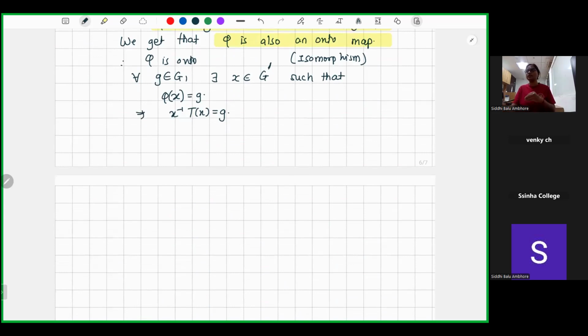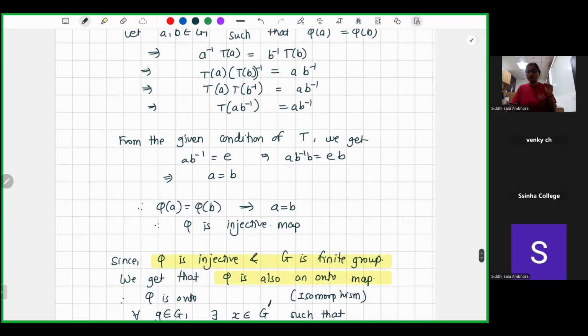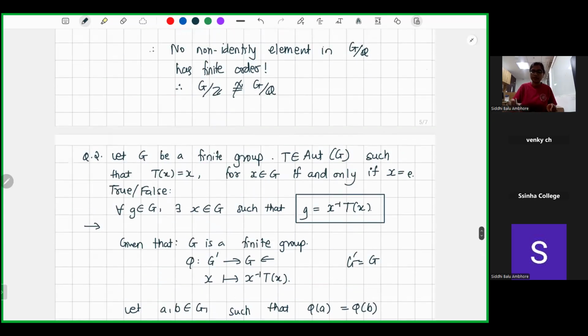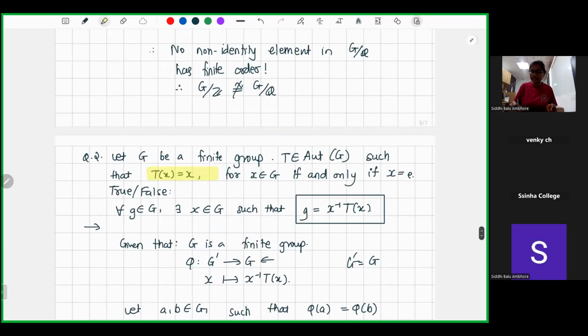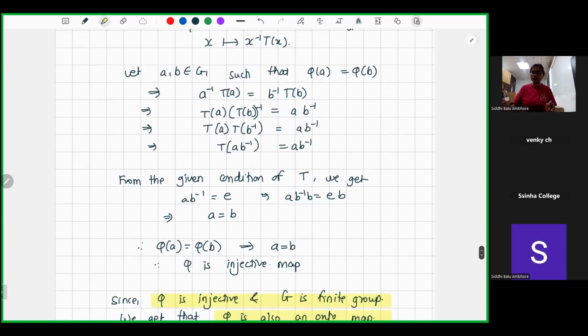The ontoness is actually giving me that I can express every g as x inverse Tx. And I could have this injectivity of the map because of this condition, that whenever I have Tx equal to x, then my x is E. We use that property here in order to prove that phi is an injective map.